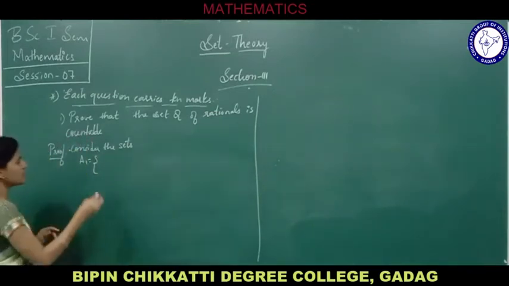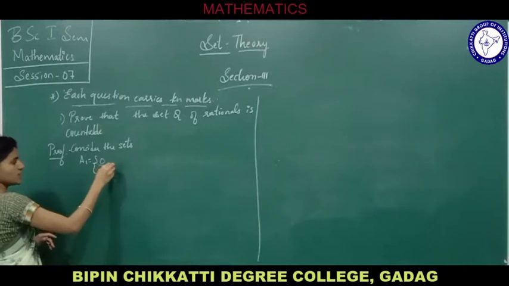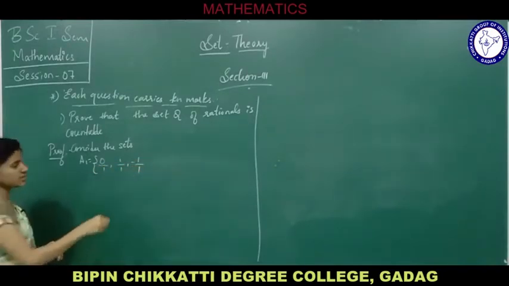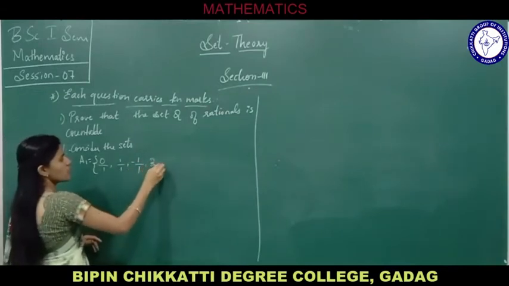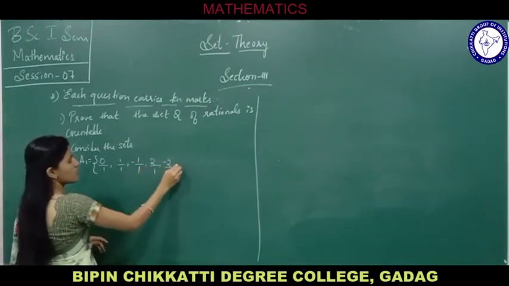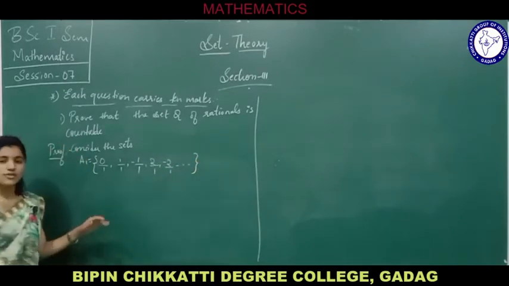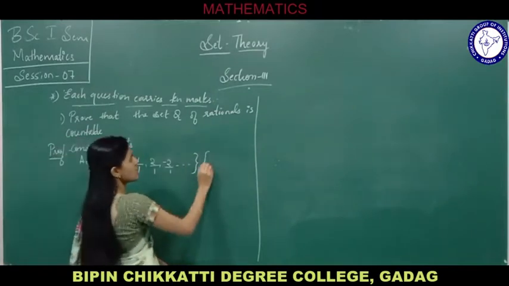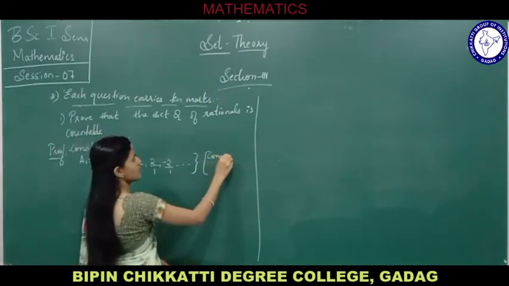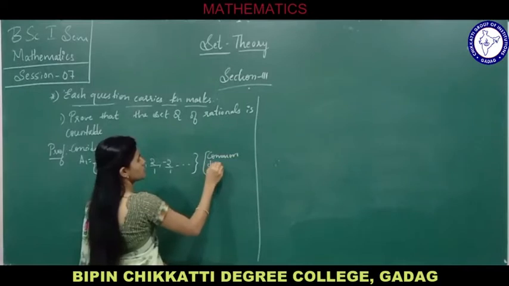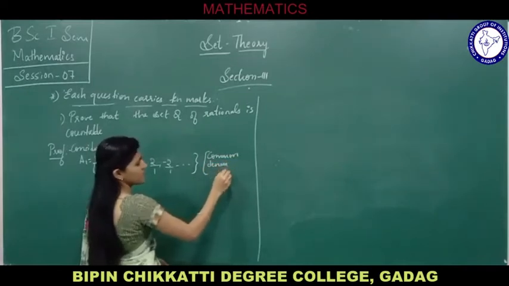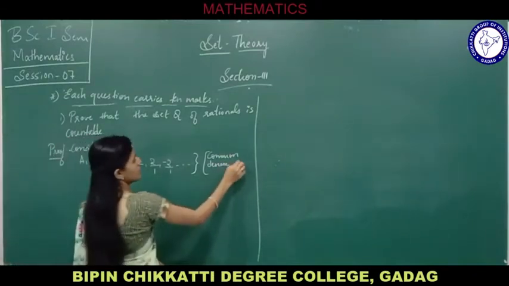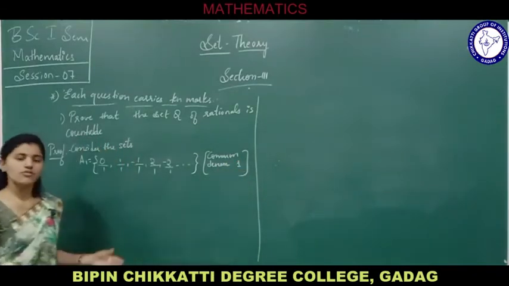The same way A1 will be of the form 0/1, 1/1, minus 1/1, 2/1, minus 2/1, and so on. What is the denominator here? Here the common denominator is 1. What about the next one?